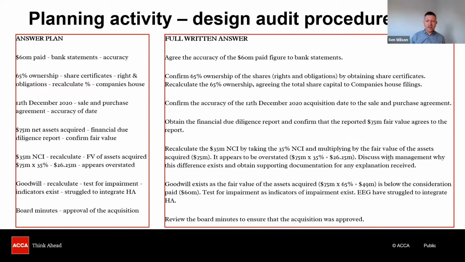So this first point here, agree the accuracy of payment to the bank statements, that's a home banker for 1 mark. My second one here, I've actually got 2 procedures in there, haven't I? I'm saying that I own the shares and I'm doing a recalculation of the share ownership percentage. So you could argue that there are 2 points there. And similarly with this recalculation one here, you could argue there are 2 points in there. So I would say this probably would score 8 marks, but you never quite know.